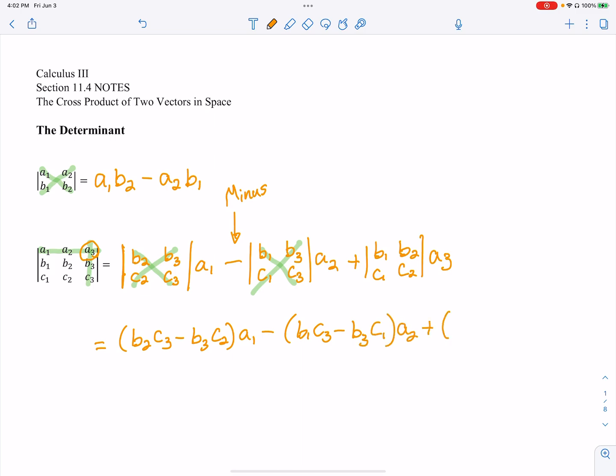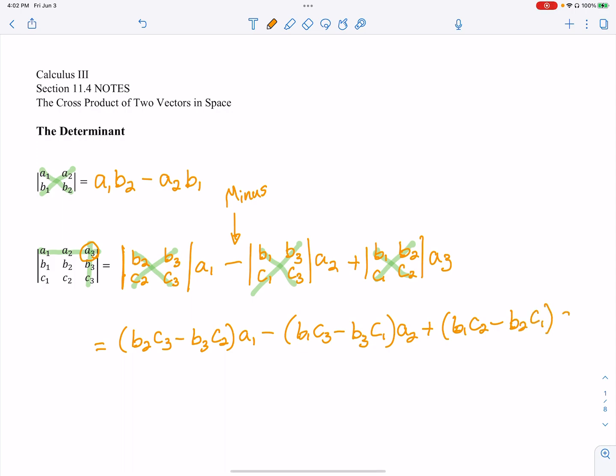And then plus, same thing, diagonals: B1, C2 minus B2, C1 times A3. And that's how we calculate a determinant. It is not pretty. The good thing is the method I gave you with the green highlighting, the diagonals and the circling actually makes it pretty easy. But without that, it is pretty difficult to remember.